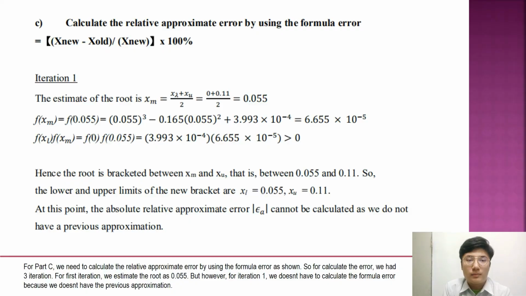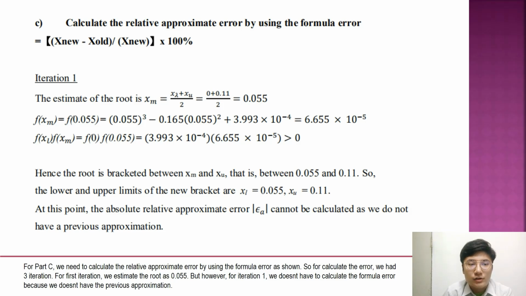My name is Ku Dongjie, matrix number AF180238, and I will discuss the calculation for part C and part D. For part C, we need to calculate the relative approximate error by using the error formula as shown. For calculating the error, we had 3 iterations. For the first iteration, we estimate the root as 0.055.